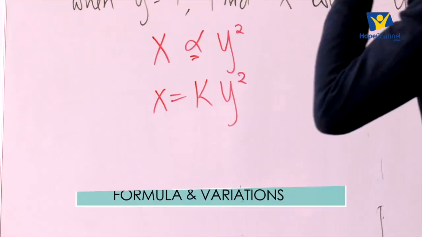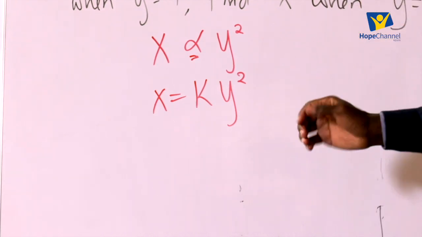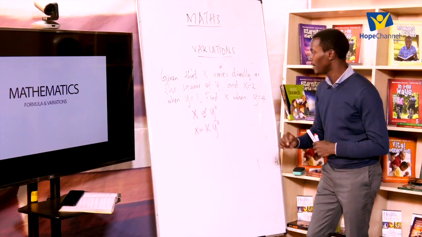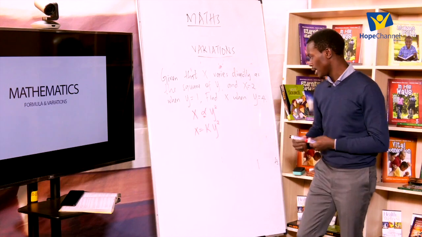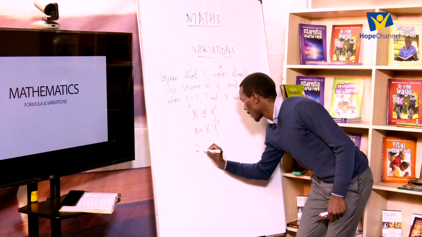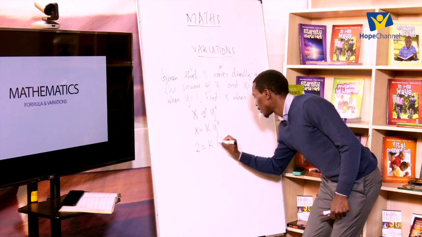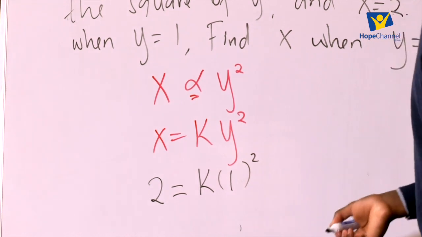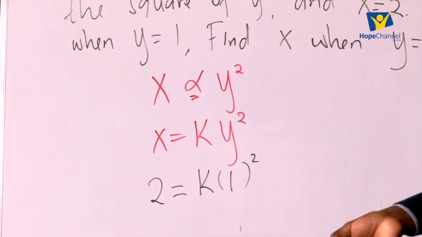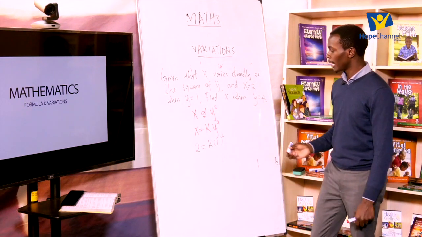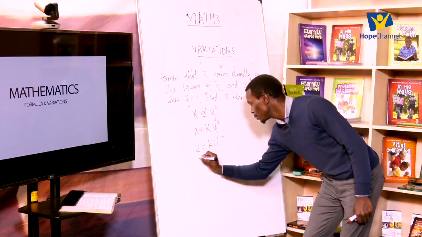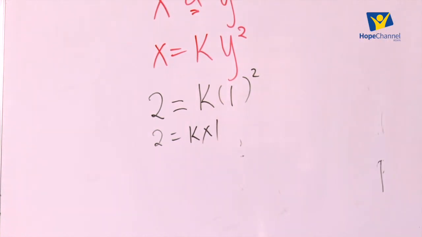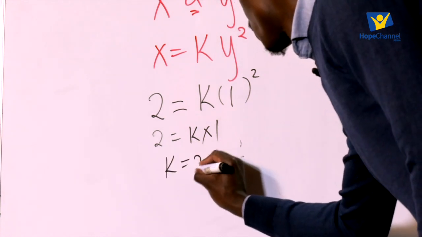So what we're supposed to do is simply substitute for x and y in this equation that we have formed from the statement of variation. x is 2 when y is 1, so 2 is equal to k into 1 squared. We are required to find the value of k. 1 squared is 1, so 2 is equal to k multiplied by 1. When you divide by 1 both sides, you simply have k as 2.